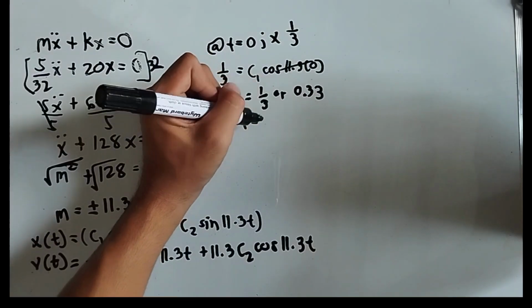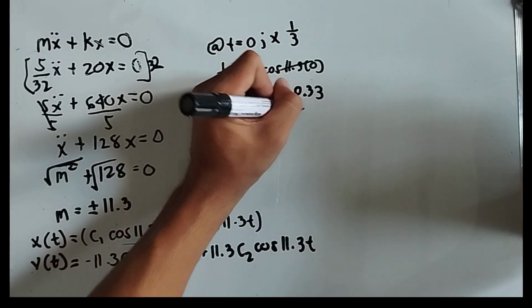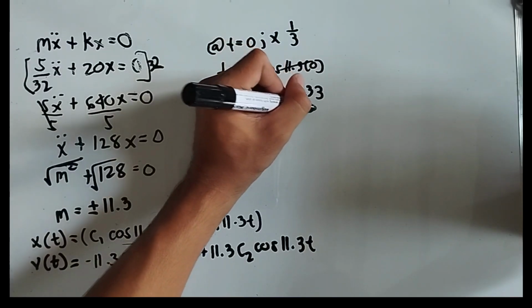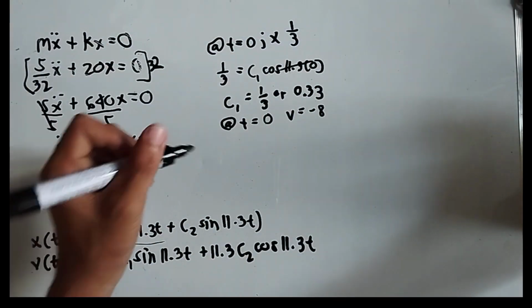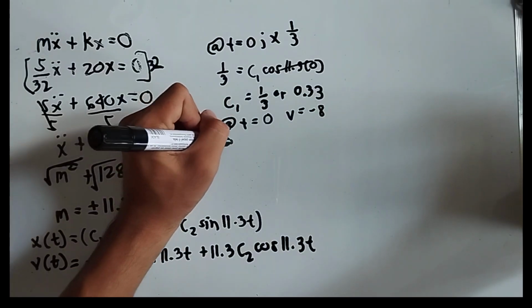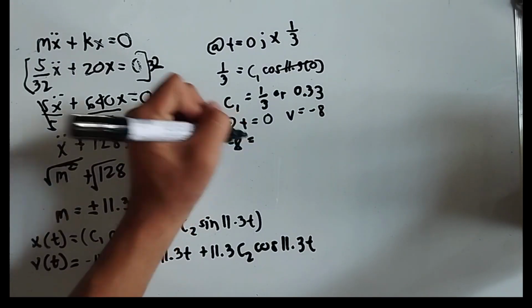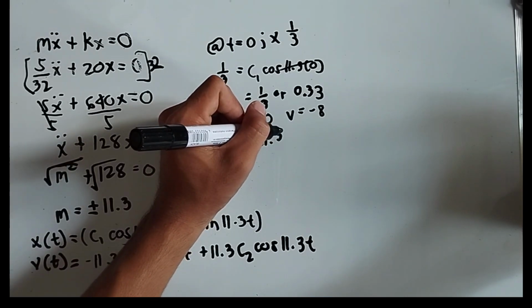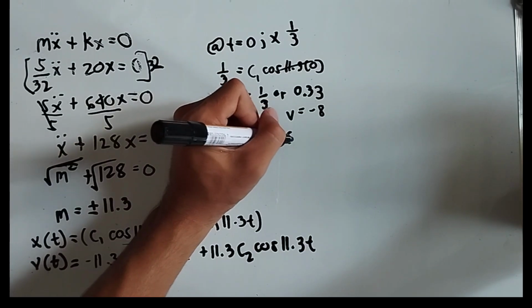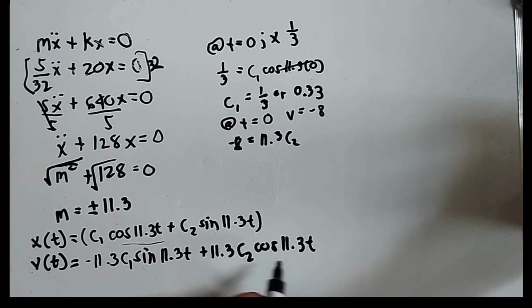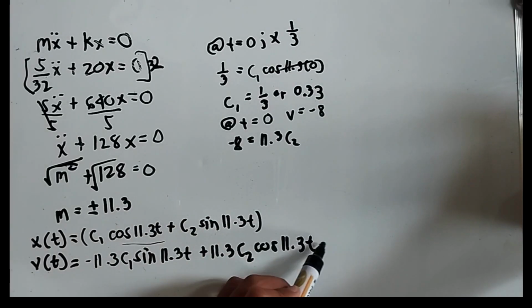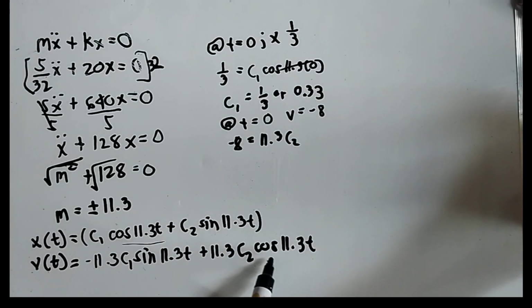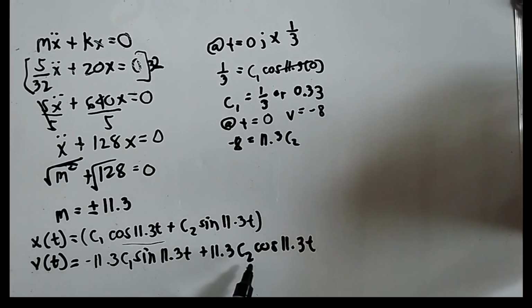For our c sub 2, we have the condition t equals 0, and the velocity is negative 8. So we have negative 8 is equal to 11.3 c sub 2. Since time is equal to 0, the sine term becomes 0 here, and we're left with 11.3 c sub 2.